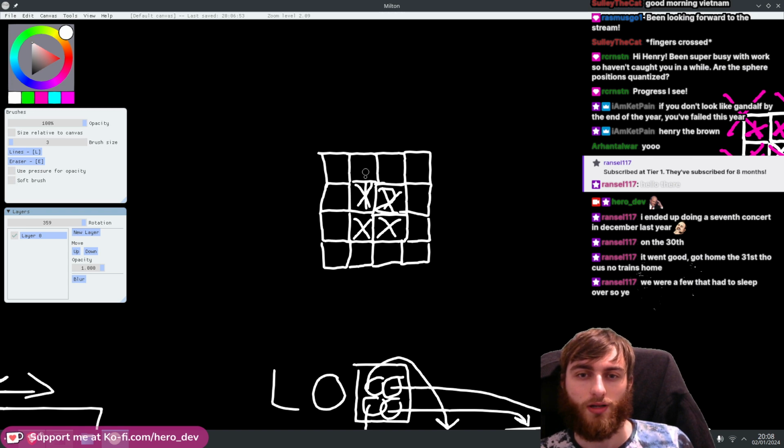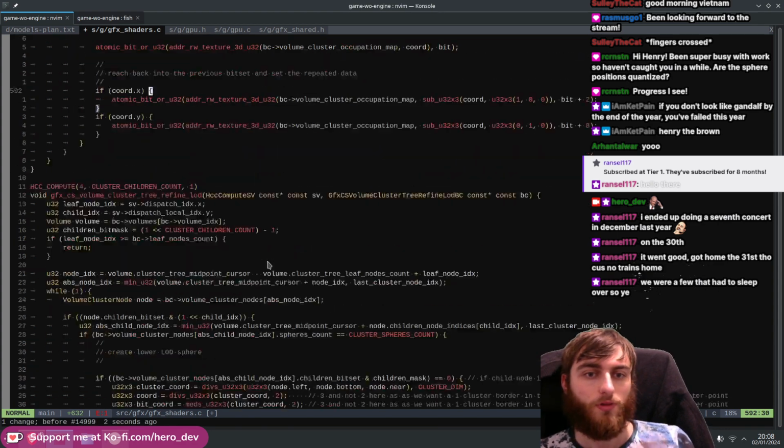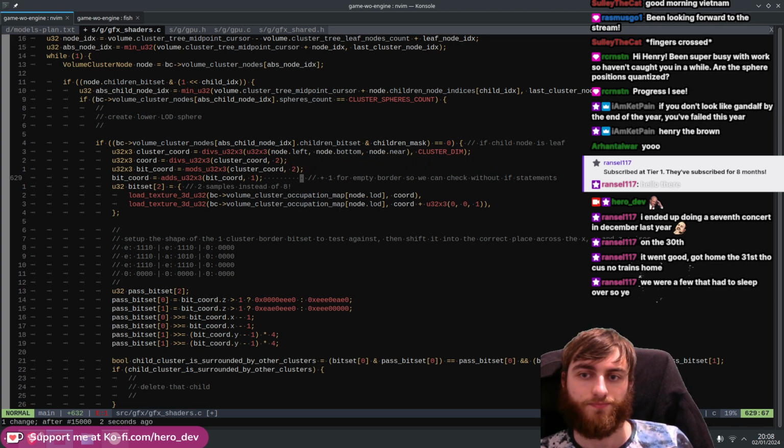Because you want to be writing to these 2 places here, and you'd only be reaching back to write to the rest of them in the other bit set. Yeah, those are repeats. Okay, that makes sense. Whoops. So here then, you do the add afterwards. Okay, so it is a 2 still. So we add once we check with no if statements.